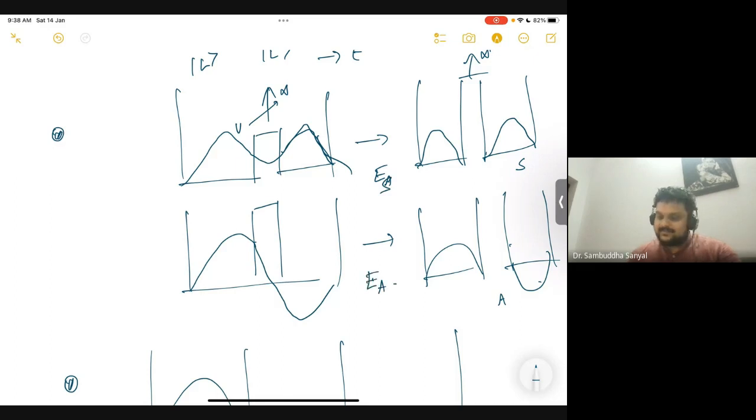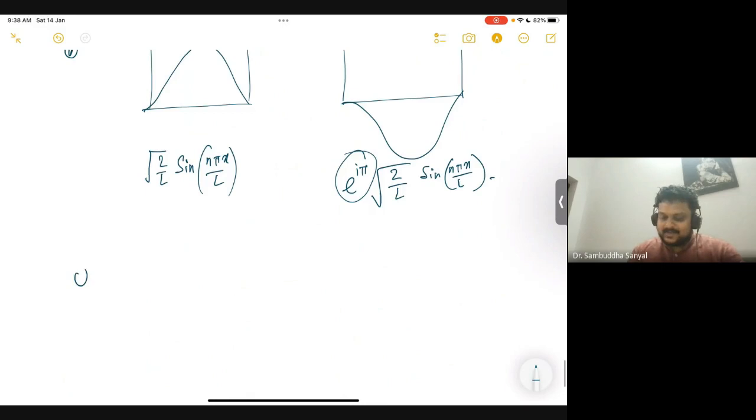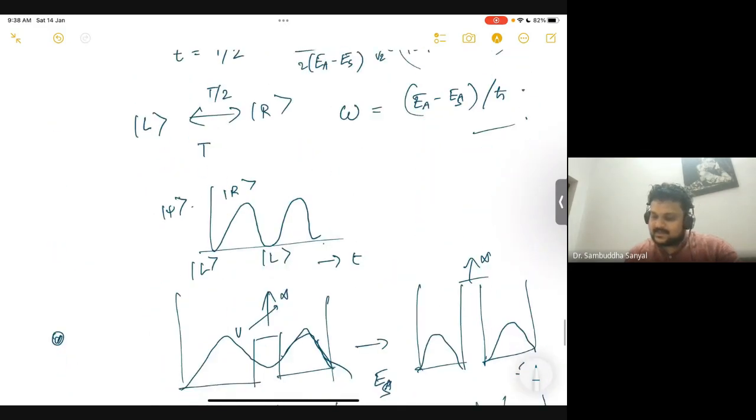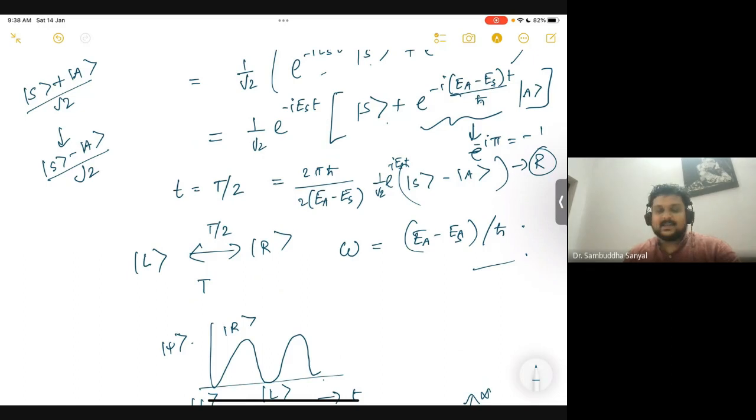If that is the case, that means omega is going to 0, because omega is (E_A minus E_S) by h bar. And that means the time period for L to go to R goes to infinity, because this goes to 0.